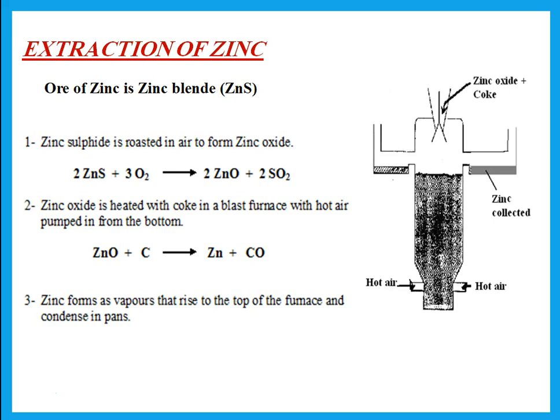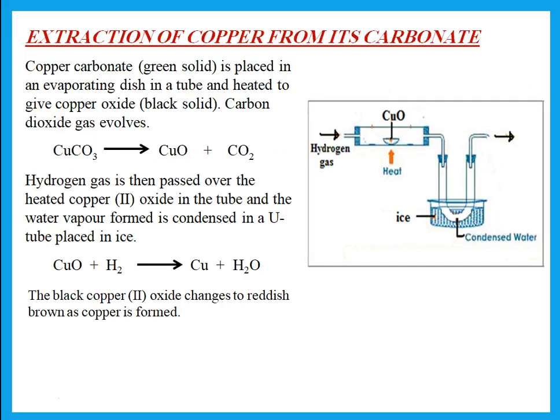It's already purified in that at the high temperature of the furnace it evaporates and condenses on the sides in a separate area from which it can be collected. So the zinc forms vapors that rise to the top of the furnace and condenses in these side pans.